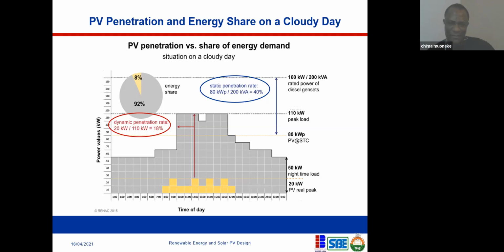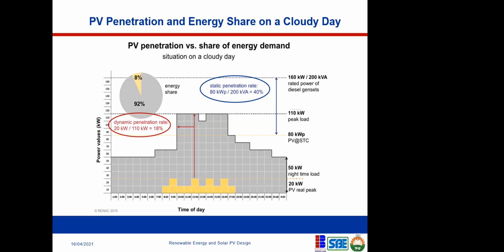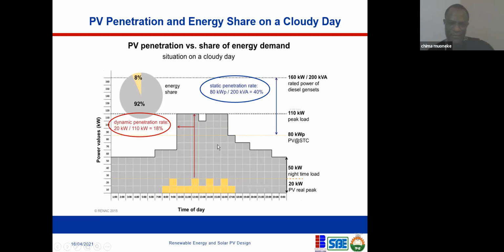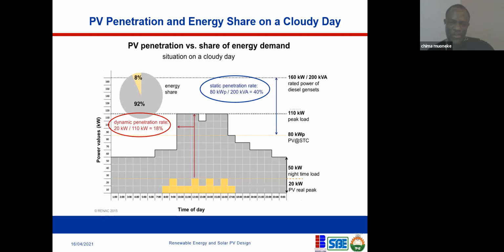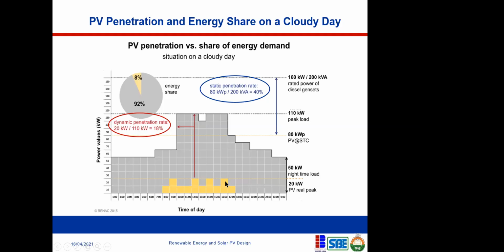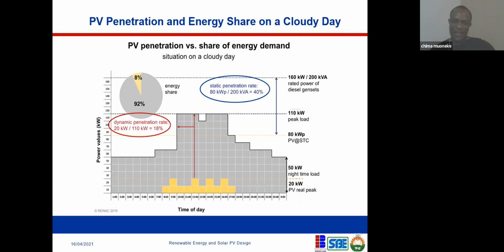You also talked about counting the yellow boxes and dividing it by the one that is in gray. If you do that, it's not going to give you 18. No, you're not using just the one in gray. You're using both the one in gray plus the one in yellow, both of them combined, as your total energy for that day.